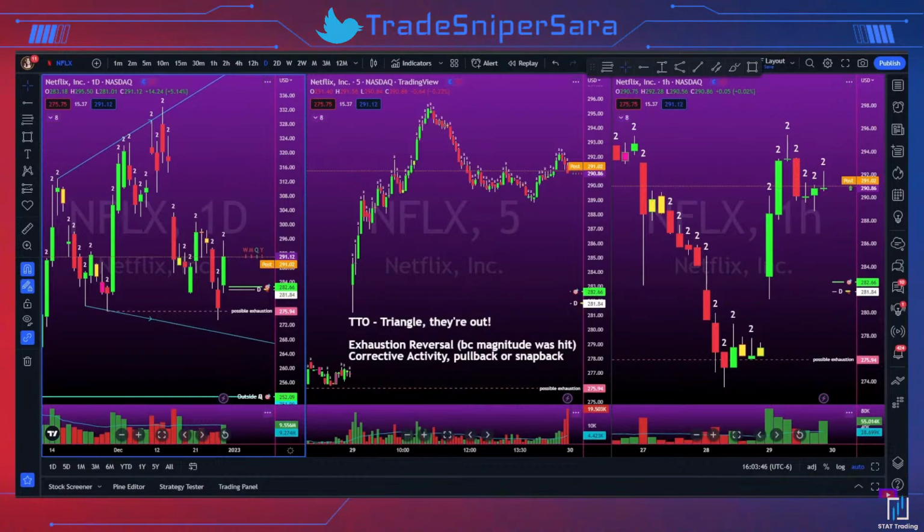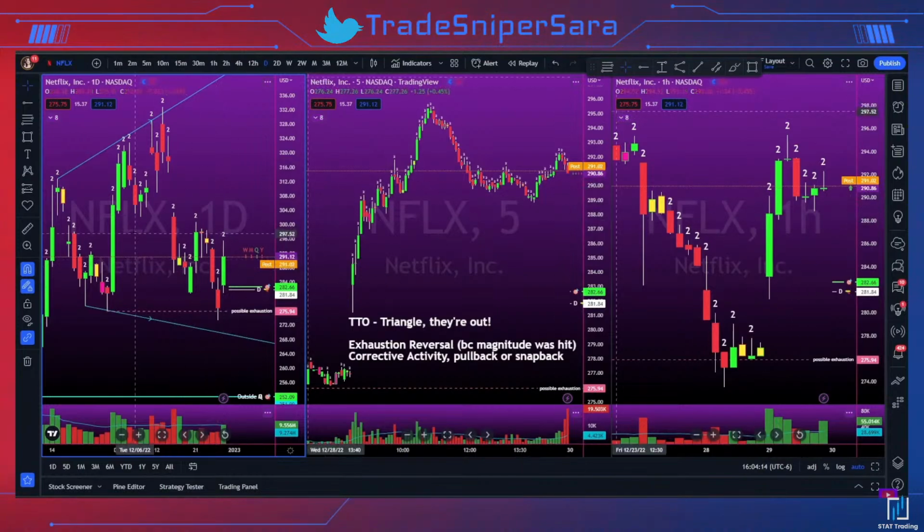There really are only 2 types of ways that I like to look at this. You either have an exhaustion reversal because you've hit your magnitude, or it's corrective activity because you haven't hit your magnitude yet. Either way, it's a move in the opposite direction of time frame continuity.